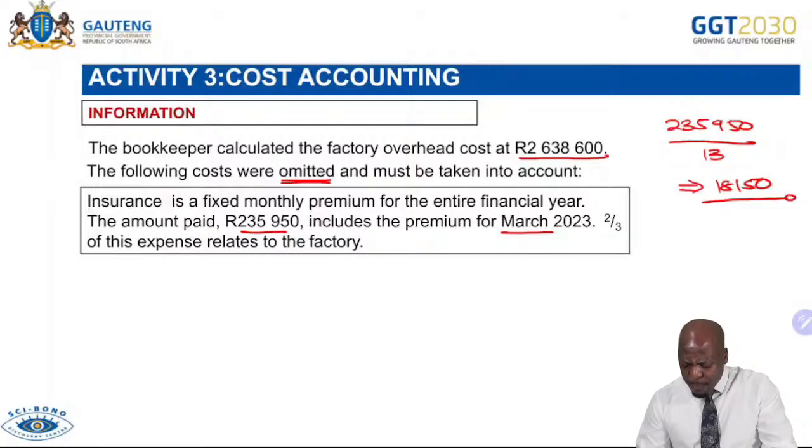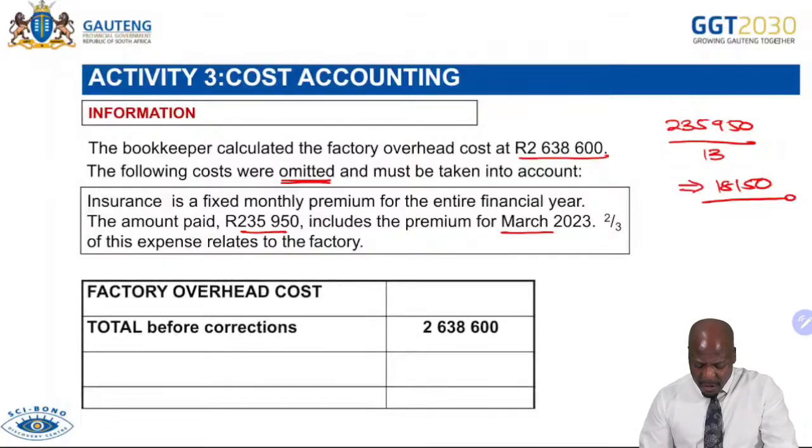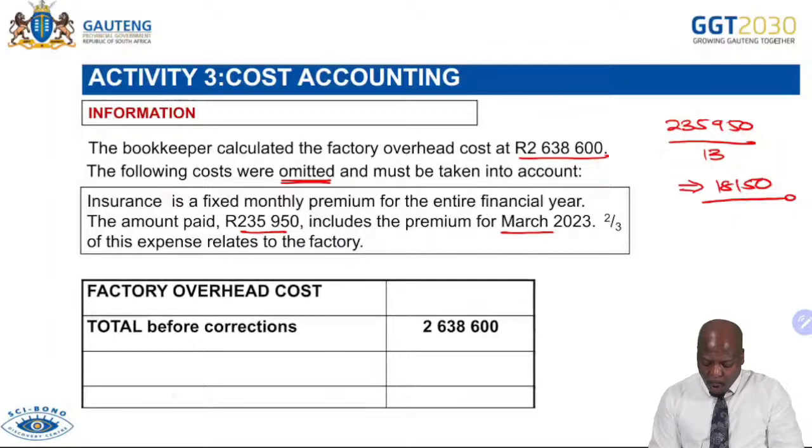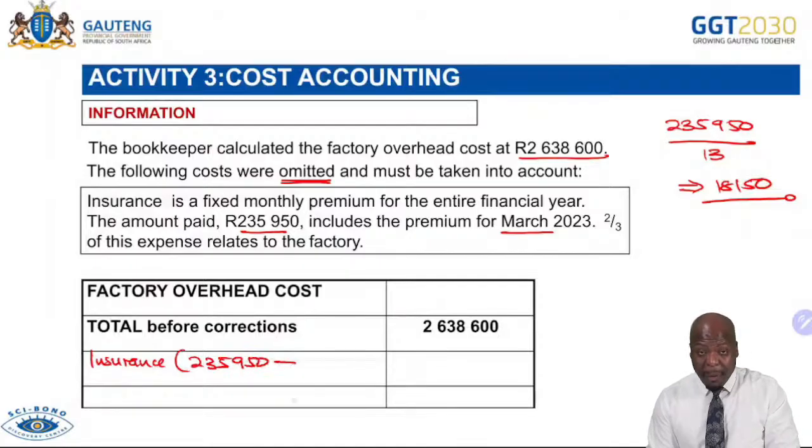Two-thirds of this expense relates to the factory. So what we know is that I'm going to record my insurance. In insurance, I have 235,950. But this is for 13 months.